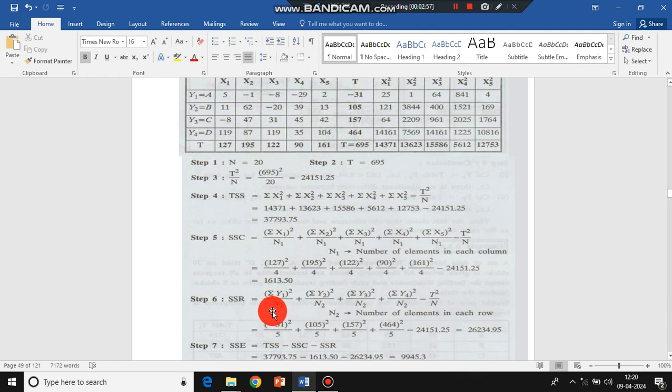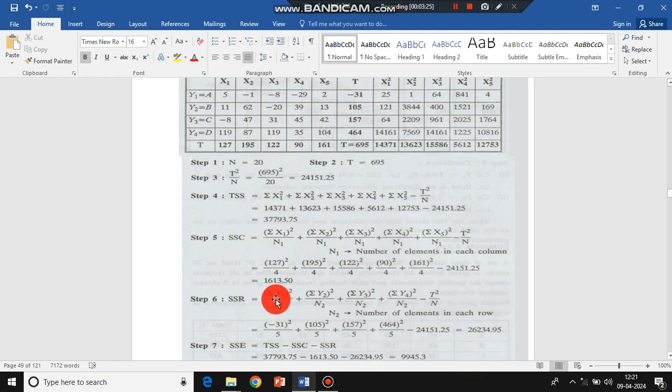So in this particular formula, SSR equals summation y1 square divided by n1 plus summation of y2 square divided by n2 plus summation of y3 square divided by n3 plus summation of y4 square divided by n4 minus T square by n. Okay. So n1 means number of elements in that particular row.